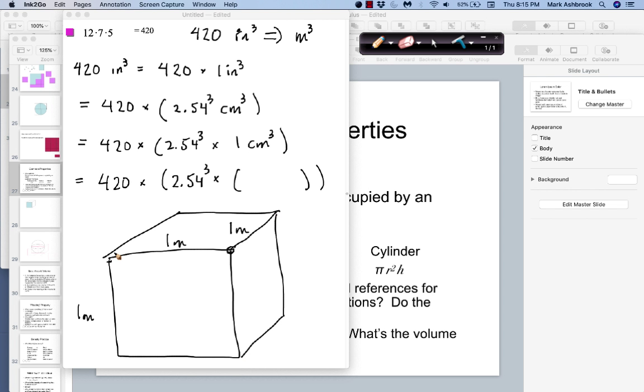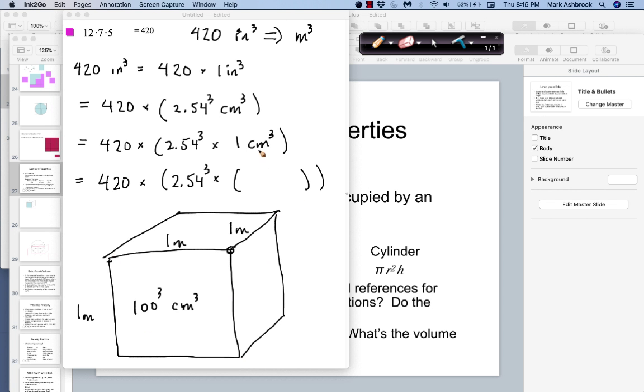So how many centimeter cubes in 1 meter cube? Well, you'd have 100 by 100 by 100. So it'd be 100 cubed centimeter cubes. It's actually a million. There's a million of these little centimeter cubes that would fill up a meter cube.